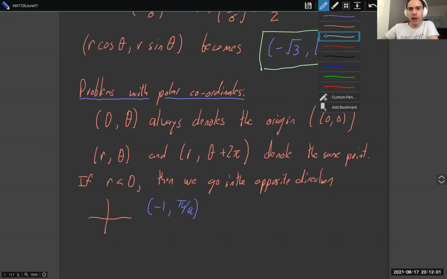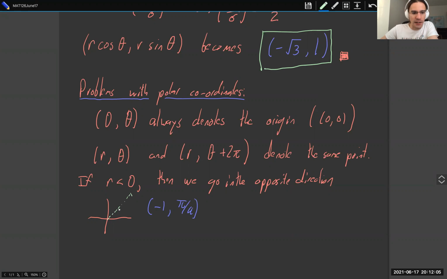If I look at the ray at angle pi over 4, it's this ray right here. But then if I go -1 units along that ray, I get this point. Now, what's another way of referring to that point, with a positive radius?